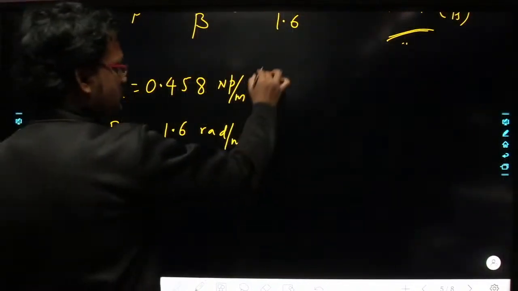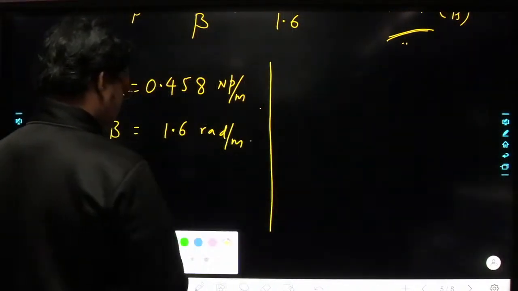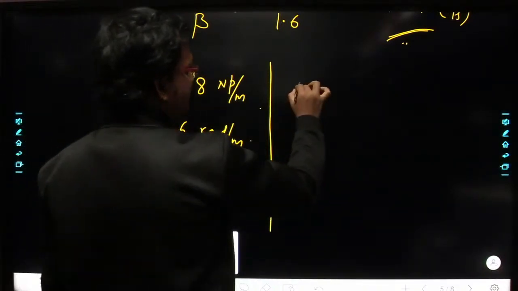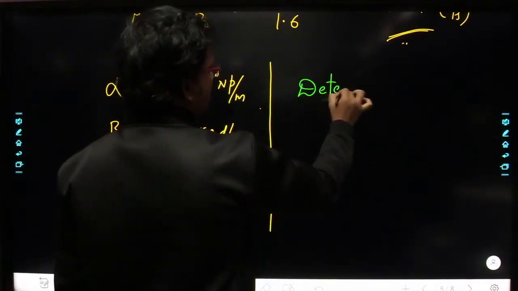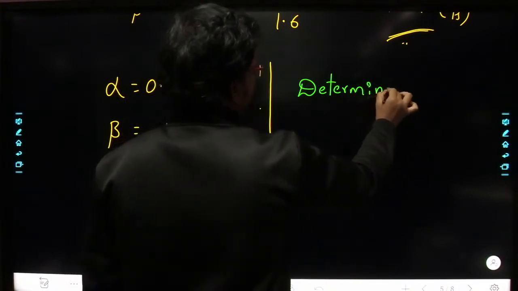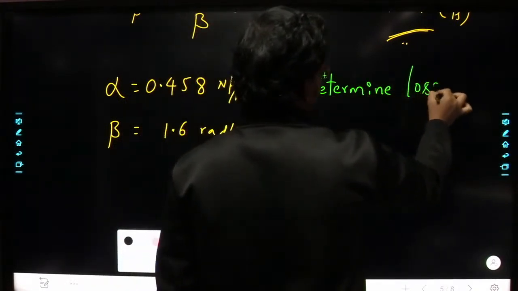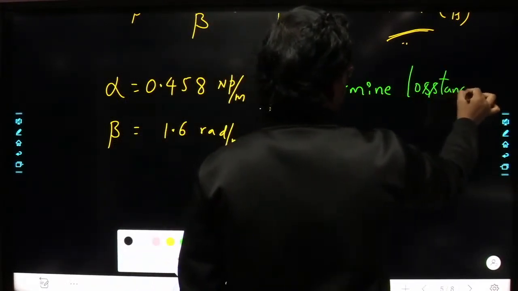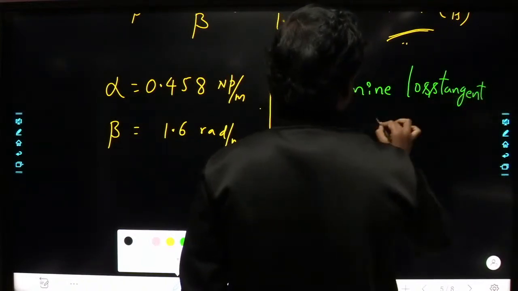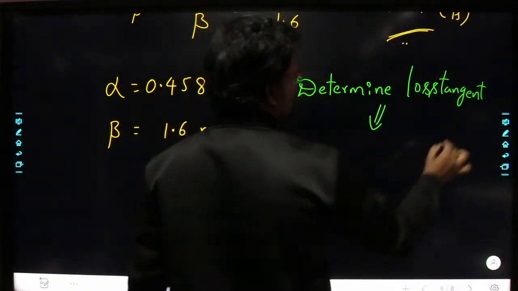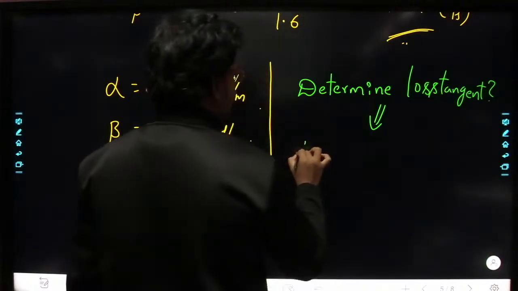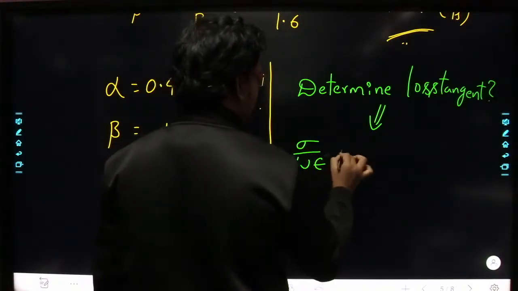Now suppose in the same problem they have asked to determine the loss tangent. Tell me what is the loss tangent here for this problem. That is the sigma by omega epsilon ratio. So what is this value?